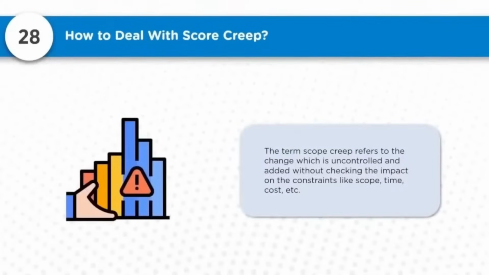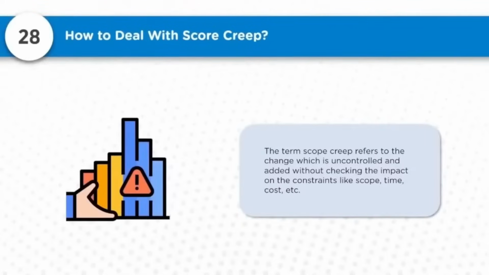Now, before we understand dealing with scope creep, we need to understand what scope creep is. The term scope creep refers to a change which is uncontrolled and added without checking the impact on constraints like scope, time, and cost. What happens is you will be delivering certain features. Now you are forced, or influenced, or without your knowledge, some additional things are put in place, which may have an impact later.